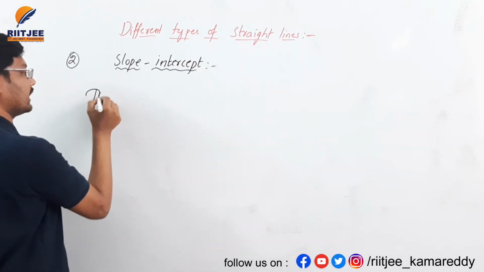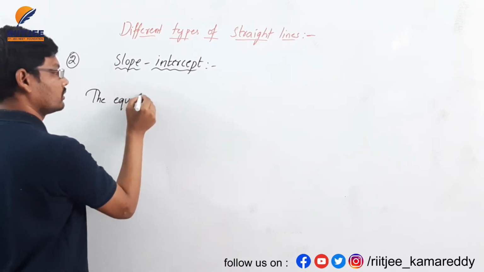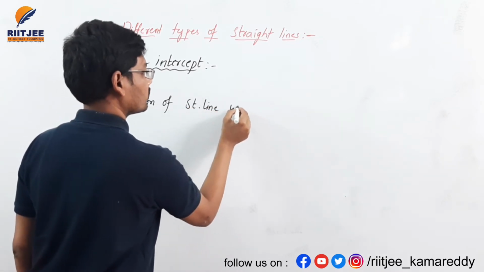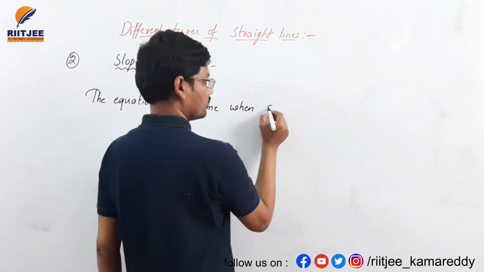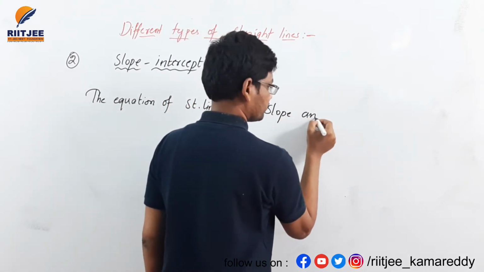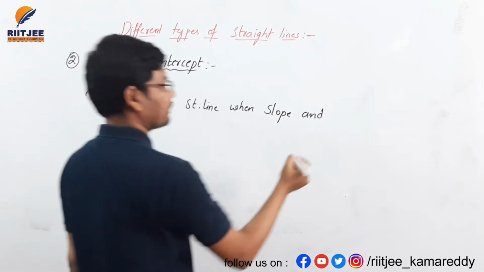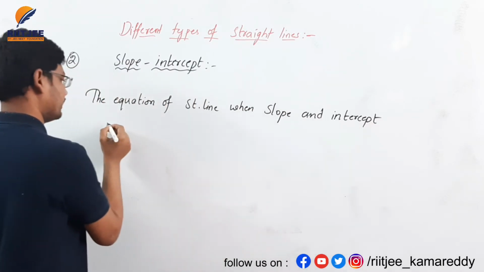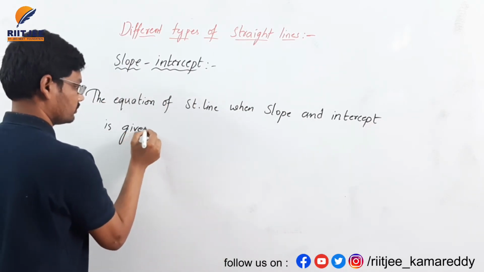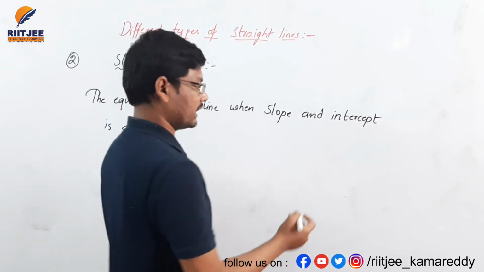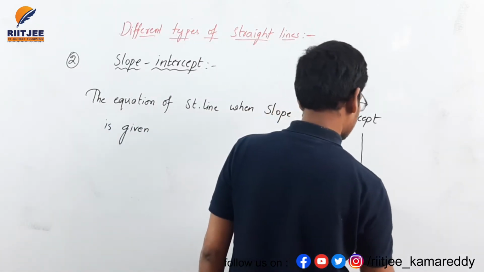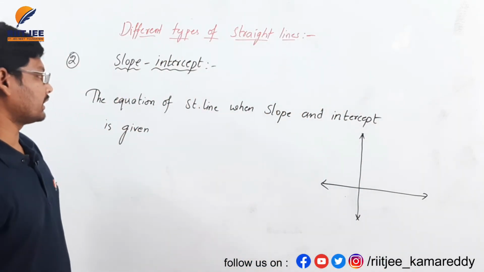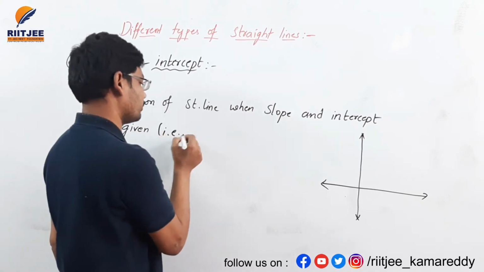The equation of a straight line when slope and intercept are given. For example, I am taking a straight line. This is the coordinate axis. Slope and intercept are given, that is the y-intercept.